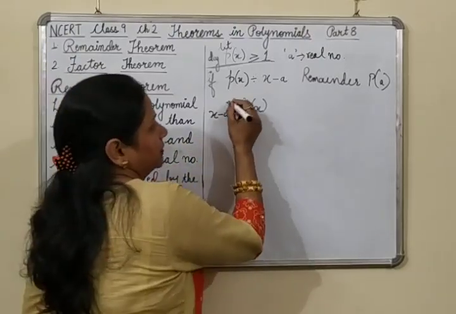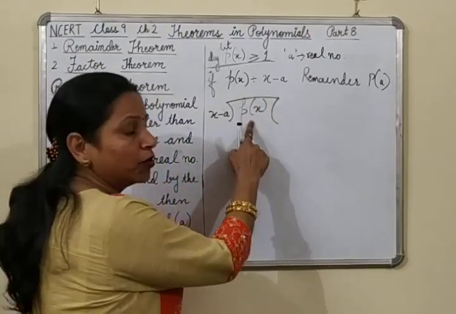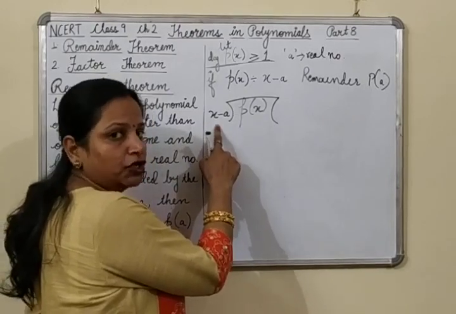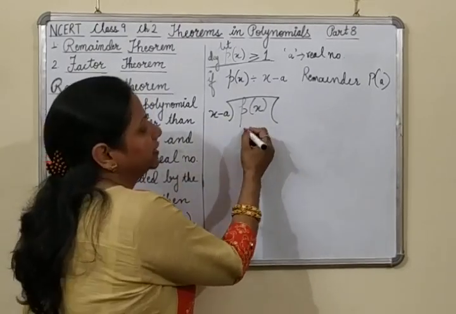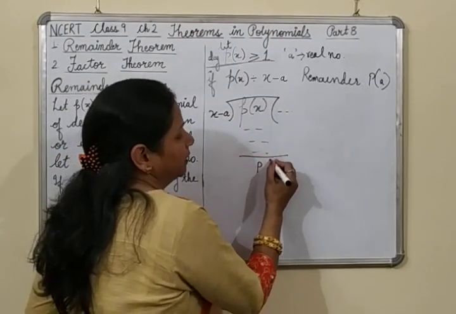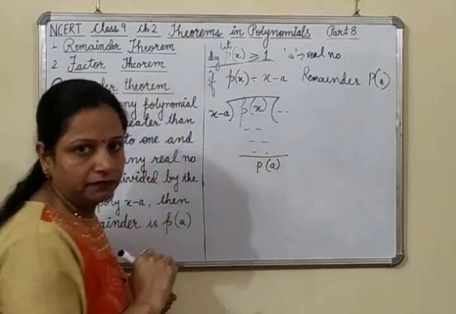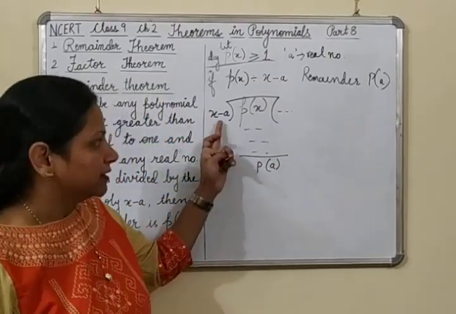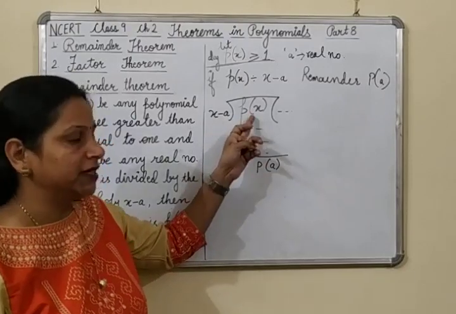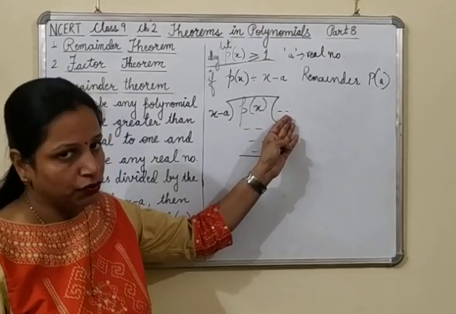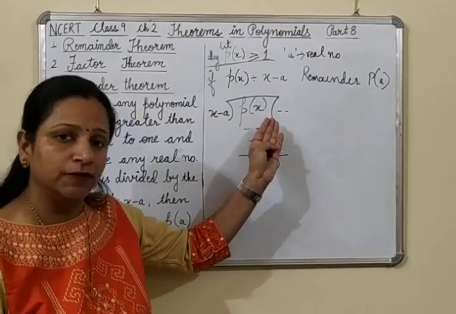This is what is said in the theorem, that if there is any polynomial P(x) and it is divided by any linear polynomial x minus a, then there will be some steps, there will be some quotient, but the remainder will be P(a). Simple है? Simple division ही तो है. This is the linear polynomial, this is the polynomial that you have taken. You will do certain steps. There will be some quotient. We don't know what the quotient is because right now we have not taken any specific polynomial.